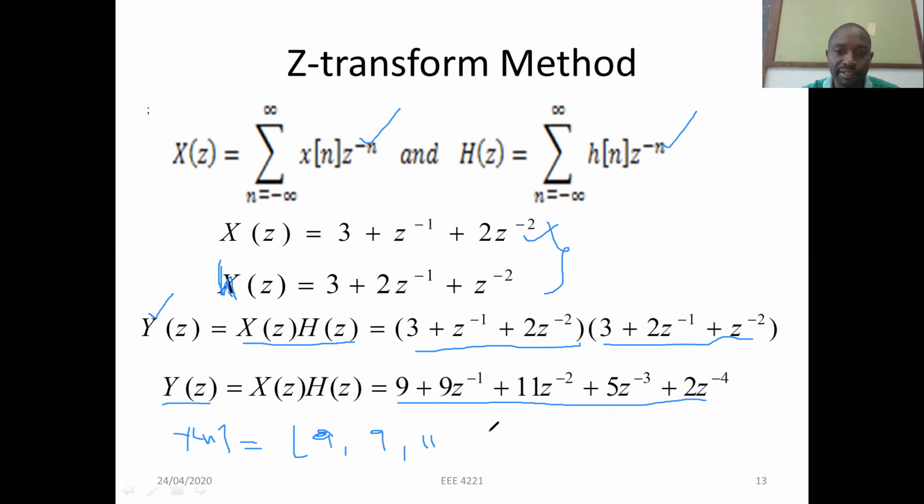Okay, the 5 here becomes just, basically you just take the coefficients of this, and then you have 2 here, and then we close. So you will notice that this solution is similar to what we got under analytical method, similar to what we got under tabular method, and here we have it now even under Z transform.